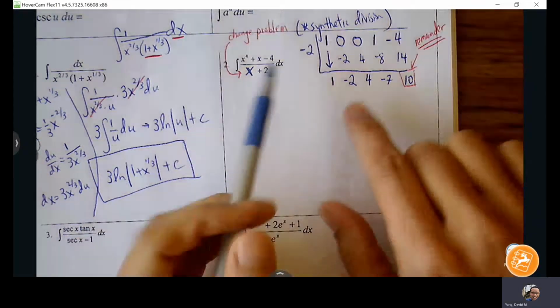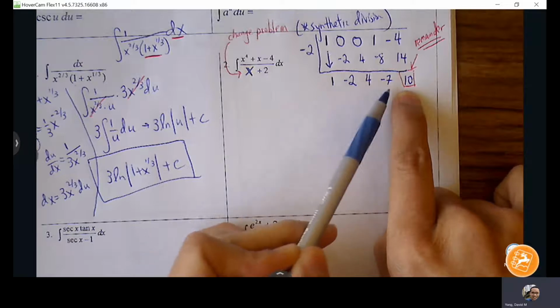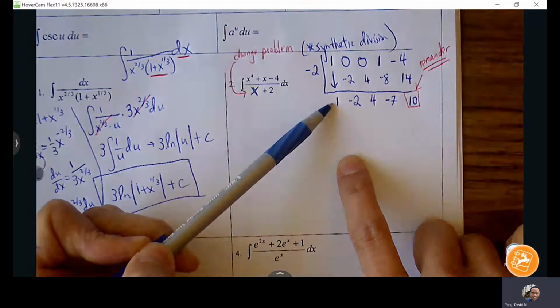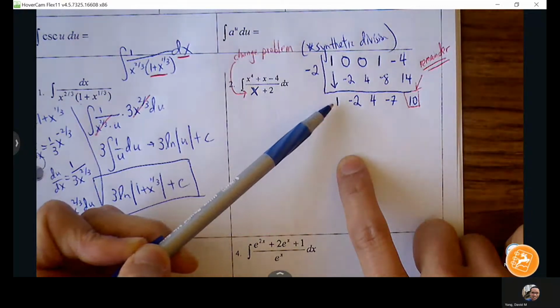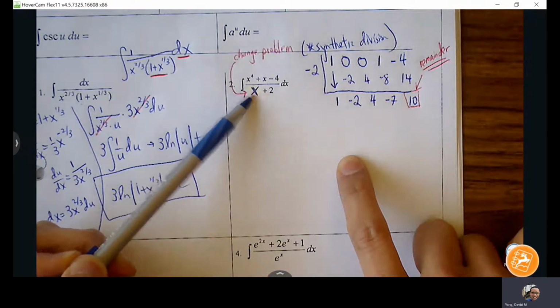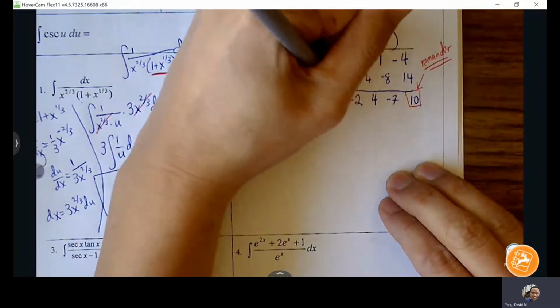So we also now have to assign the new degrees for these coefficients. We start off with x to the 4th, but we're going to now have what? X to the 3rd. Because we're dividing by x to the 1st power, every degree is going to fall by 1. So the first term will be x cubed.